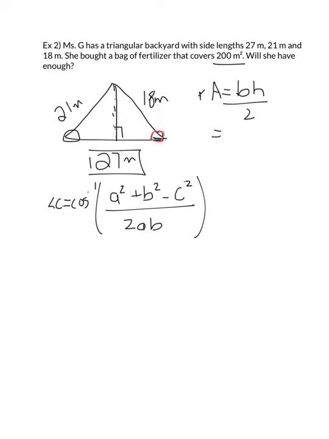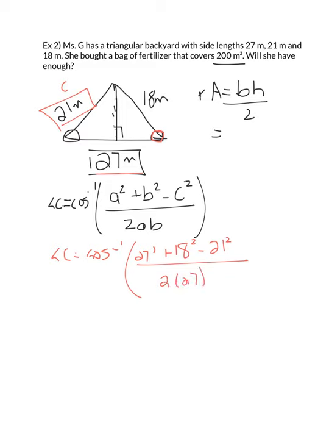Since I'm attempting to find this angle, I know that the only thing that matters is that this 21 is my C. So angle C is equal to cos inverse of, I'm just going to call this 27 my A, 27 squared plus 18 squared minus 21 squared divided by 2 times 27 times 18.